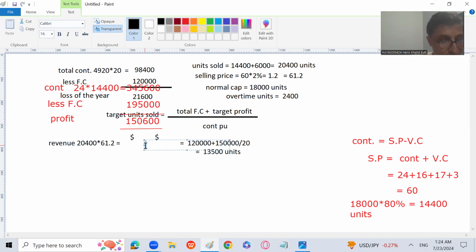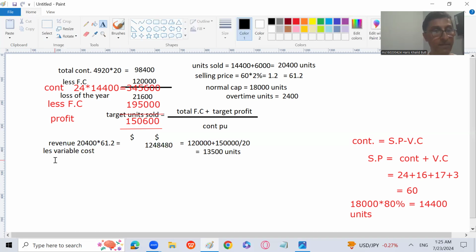Let me write over here 1,248,480 less variable cost, right? Spelling mistake, I can understand. It doesn't matter because I type things quickly. Less variable cost.